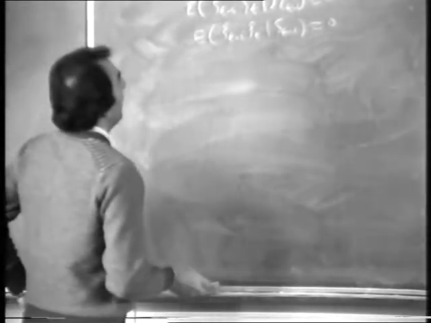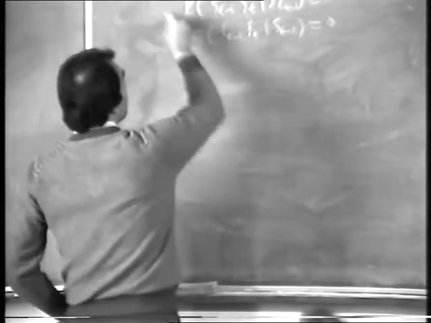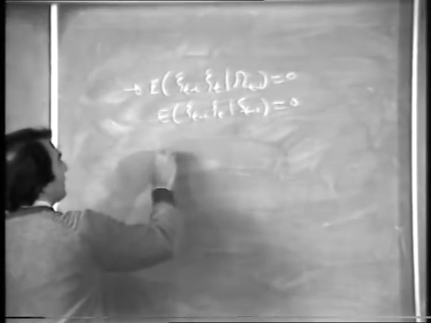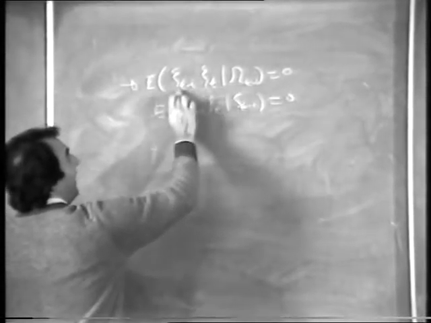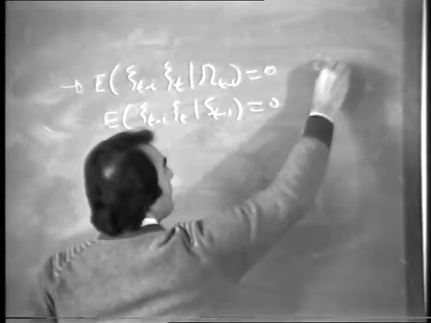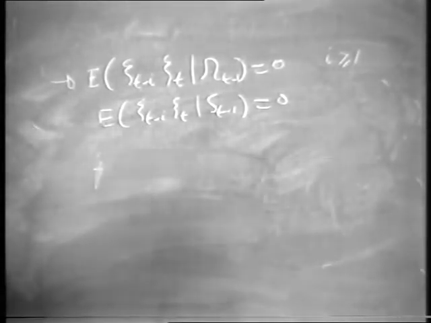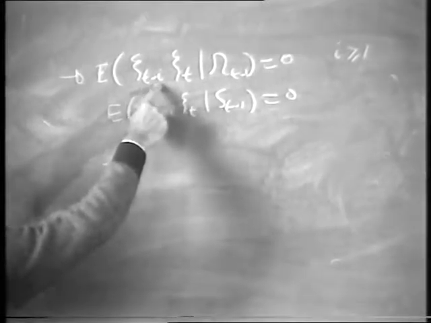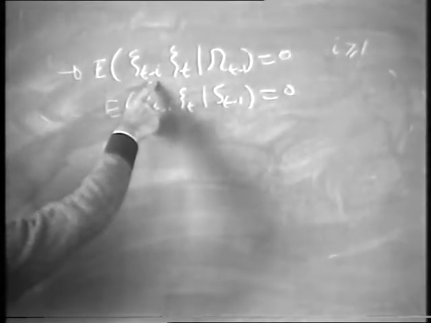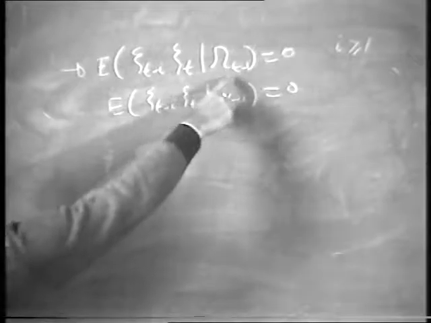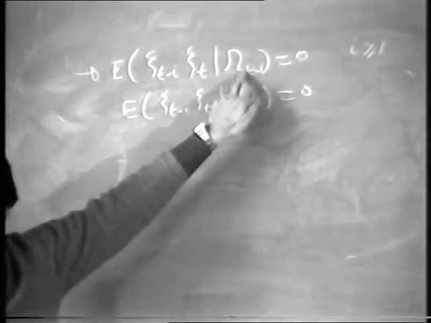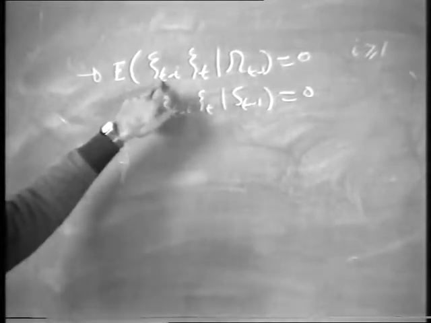The first one is, we can just demonstrate very quickly that, since i is larger or equal to 1, xi t minus i, which is the expectational error, will be known, and it will therefore be in the information set omega t minus 1, so it is a constant given the information set.